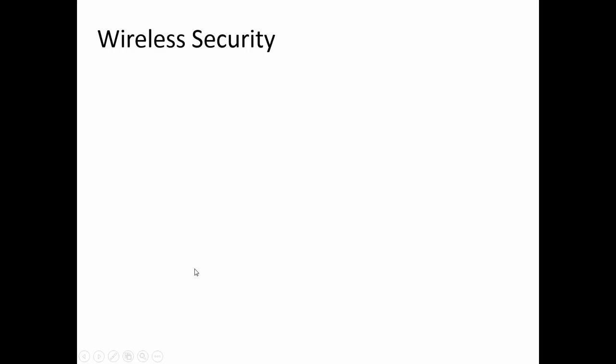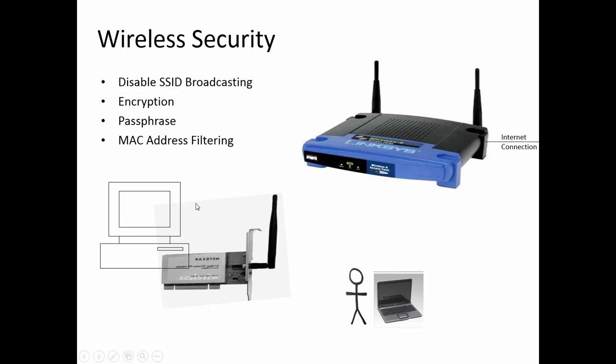Wireless security. When we configure wireless security, we have a couple key variables to configure. One is we disable service set identifier broadcasting, so the wireless router doesn't broadcast, so not just anybody can connect to it. We enable encryption on both the wireless router as well as the wireless workstation, and we enter a passphrase.